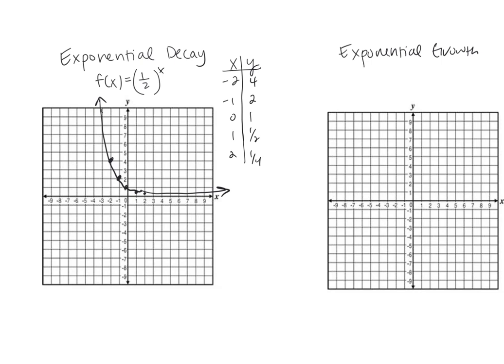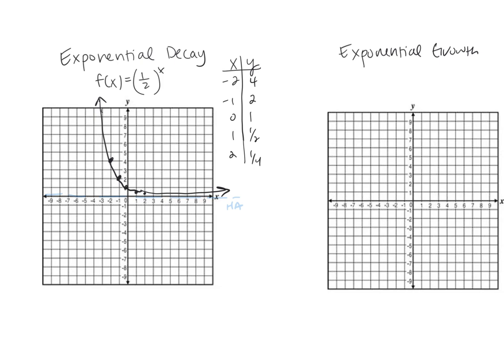It's going downhill. Also, you'll notice that this graph never crosses the horizontal axis. That's because exponential functions have a horizontal asymptote. It's a restriction on those range values. So this is an example of exponential decay. The graph is decaying left to right, and we have an asymptote right here.